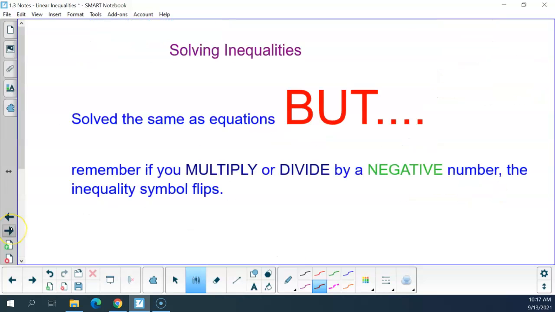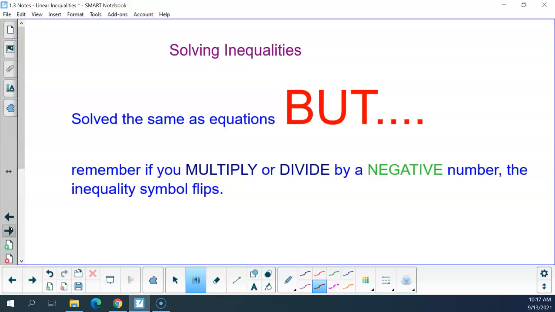One more rule to go along with it. When we're solving inequalities, they're solved the exact same way that we were solving things on Thursday. What we do to one side, we have to do to the other. We want to get our variable all by itself and the number on the other side, doing the opposite to move things to other sides. All of that is the exact same.